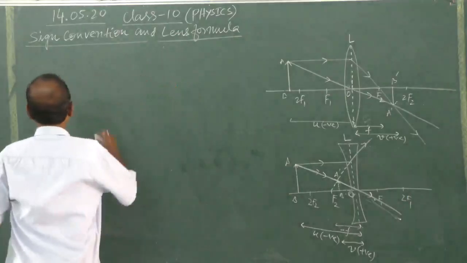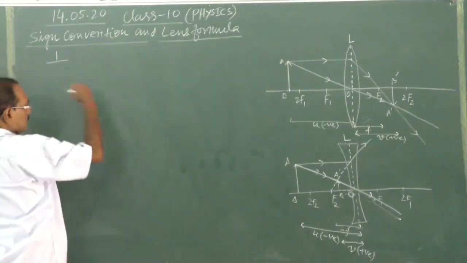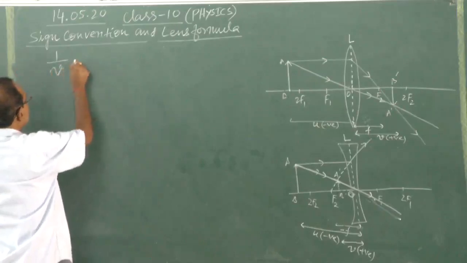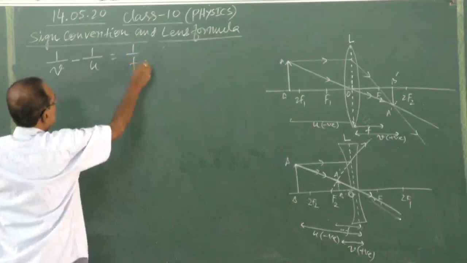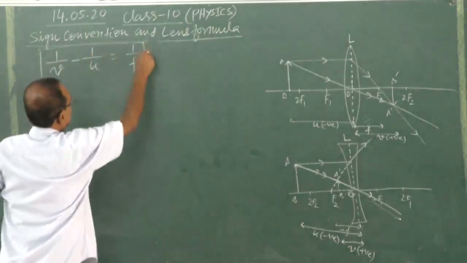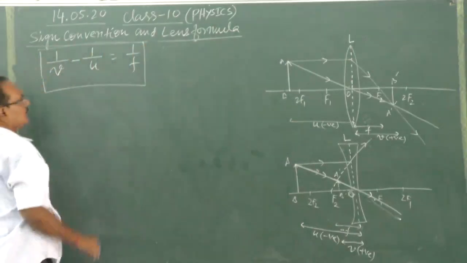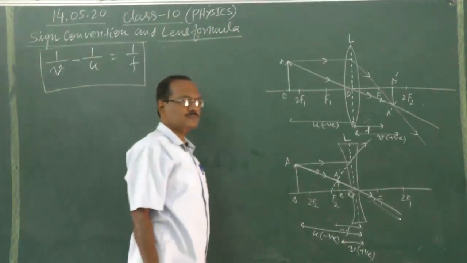Now, the lens formula is, for both lenses, 1 by V minus 1 by U equals 1 by F. No derivation is needed, that much you have to know.